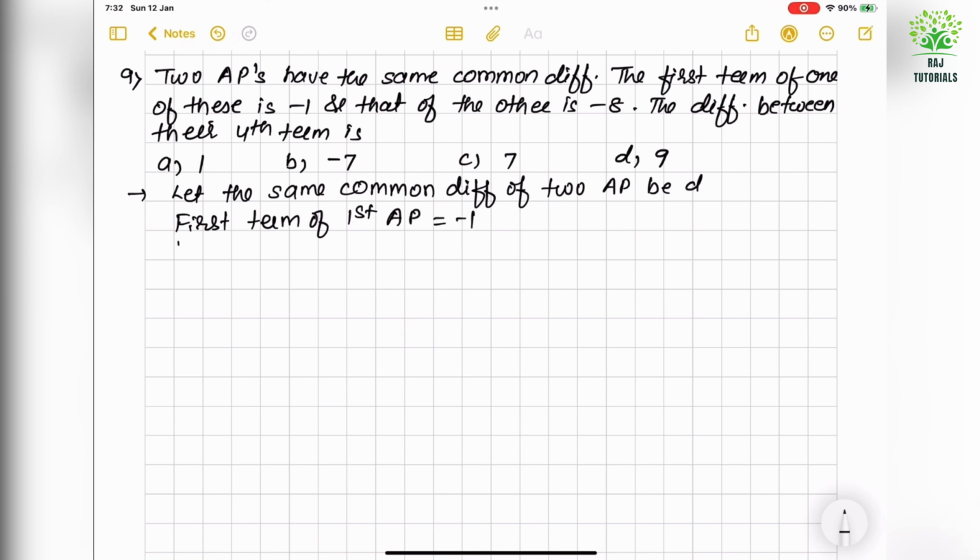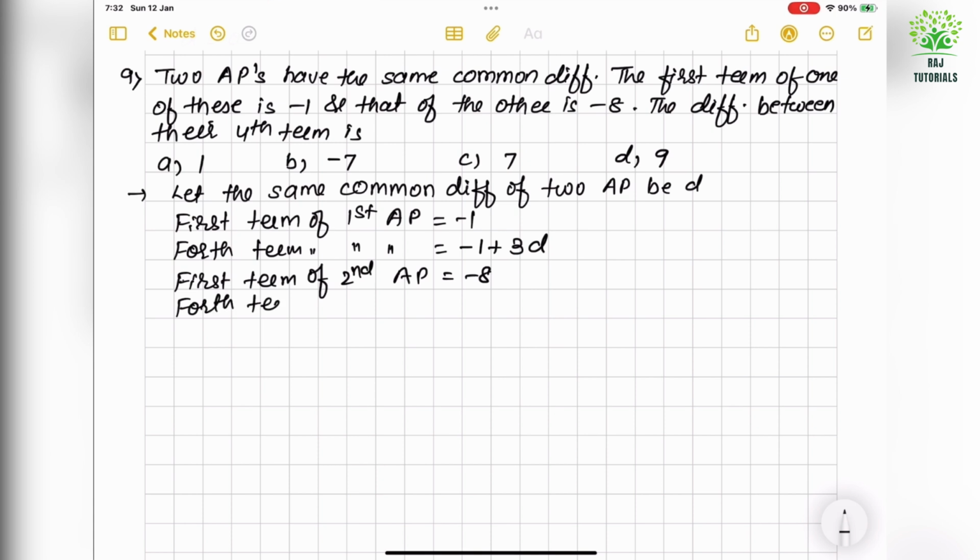So the fourth term of the first AP will be -1 plus 3d, and the first term of the second AP is -8. So the fourth term of the second AP will be -8 plus 3d.